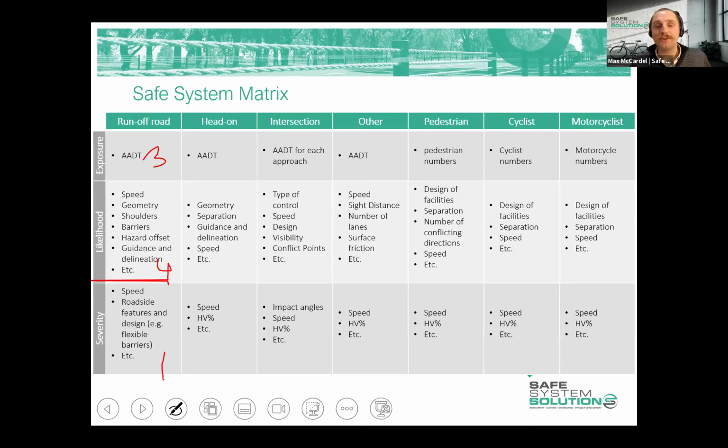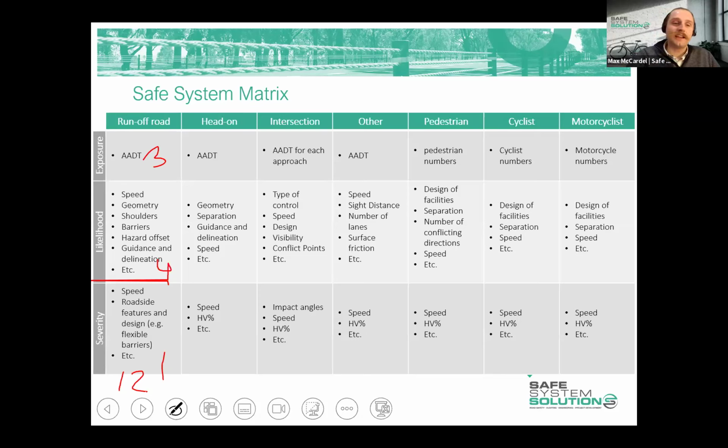The way that we come to our overall crash risk score, I'm sure some of you may have guessed, is the risk is the product of exposure, likelihood, and severity. So we just multiply. That's the reason I chose easy numbers, because we've got 3 times 4, which is 12, and then multiply that by 1 is also 12. So for the run-off road crash risk score, you get a score of 12.